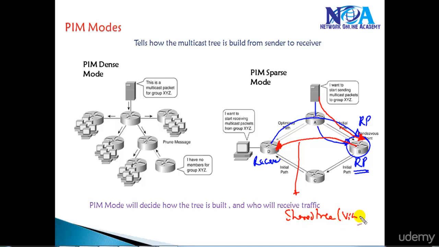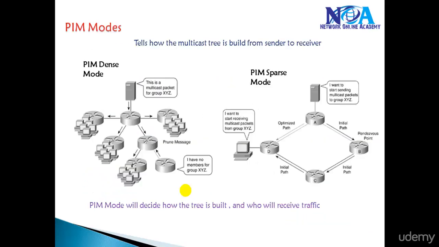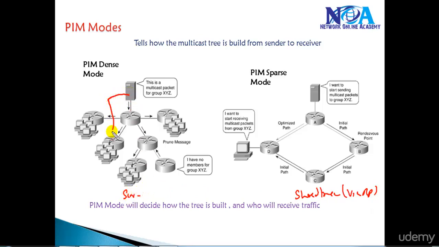Now the shared tree, in simple words, is via the RP, whereas the source tree goes directly from source to receiver without any RP. The two look similar, but with a shared tree it's going to be via the RP. If you're using sparse mode, initially the traffic goes via the RP, but later on, once the receiver knows the source address, it uses the shortest path.